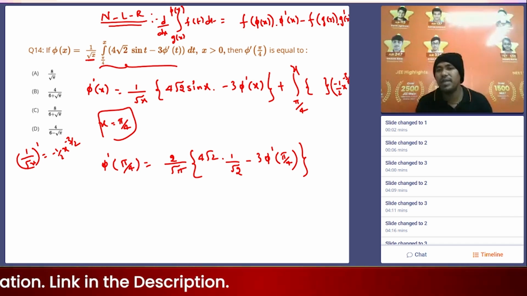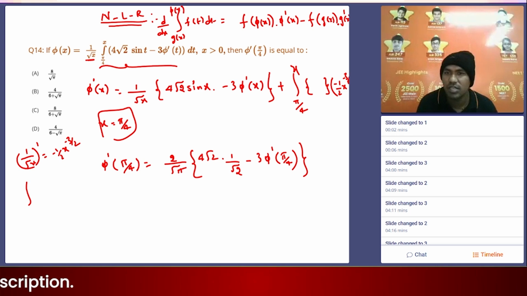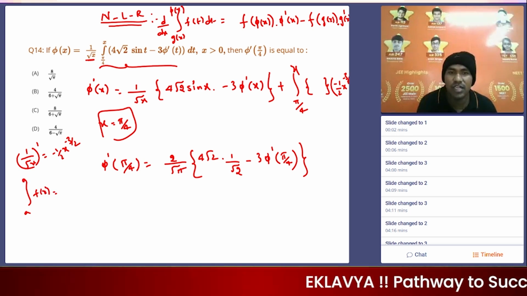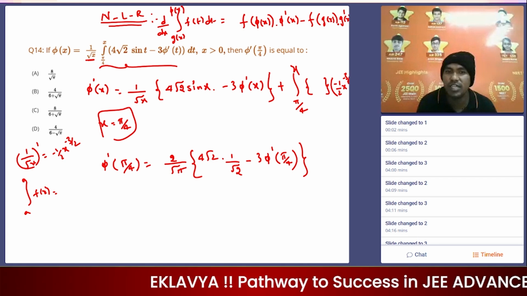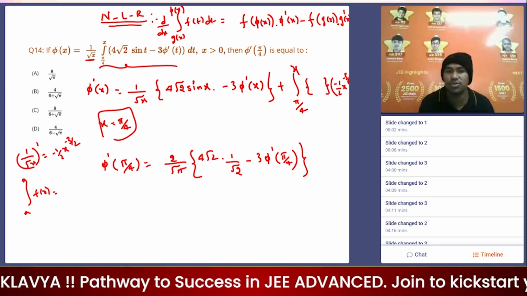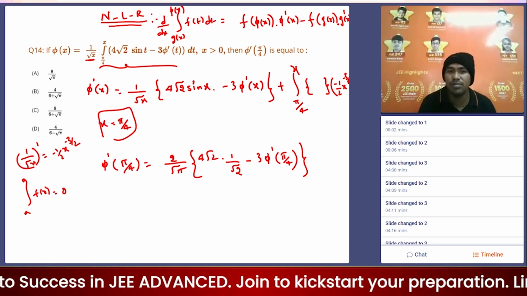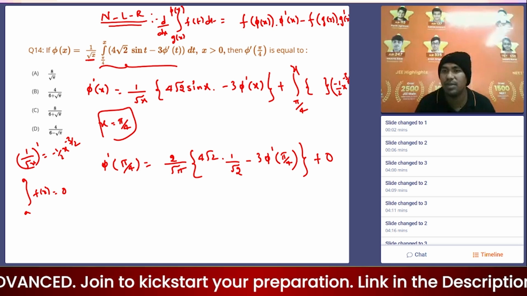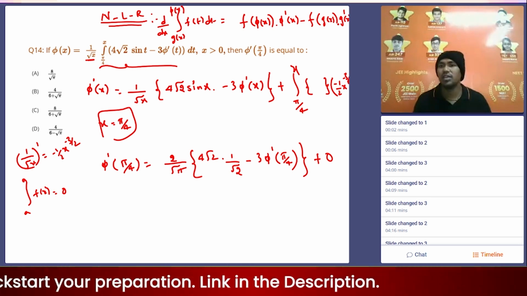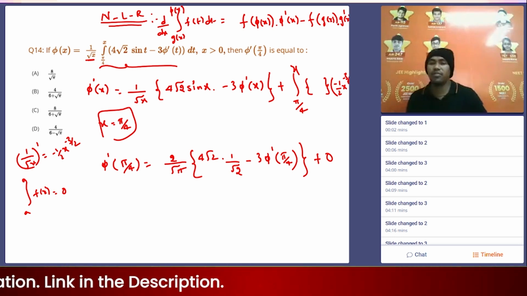Now when the integral has the same upper limit and lower limit, then for the function f of x, what will happen to its integration? By substituting the limits, it will become 0 only. That means this entire part will become 0, because the limits are pi by 4 and pi by 4.